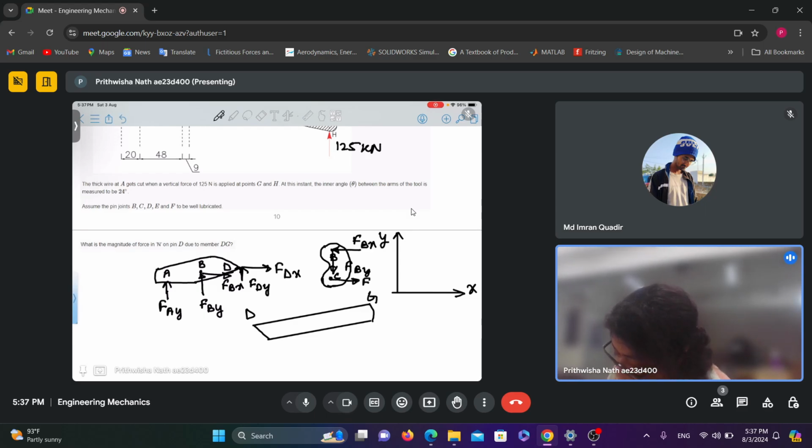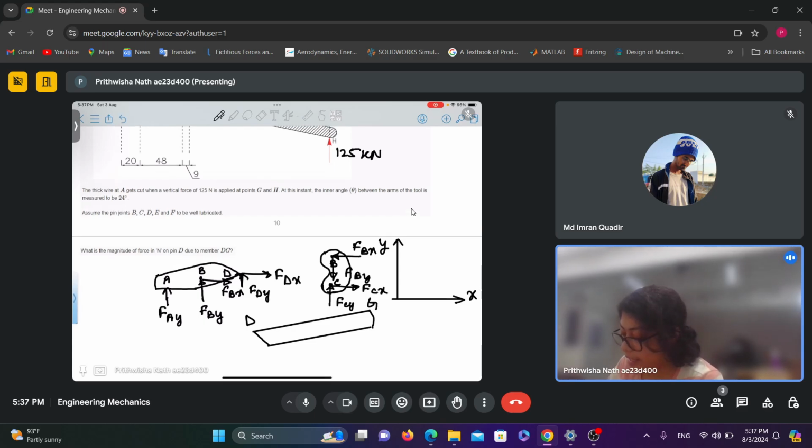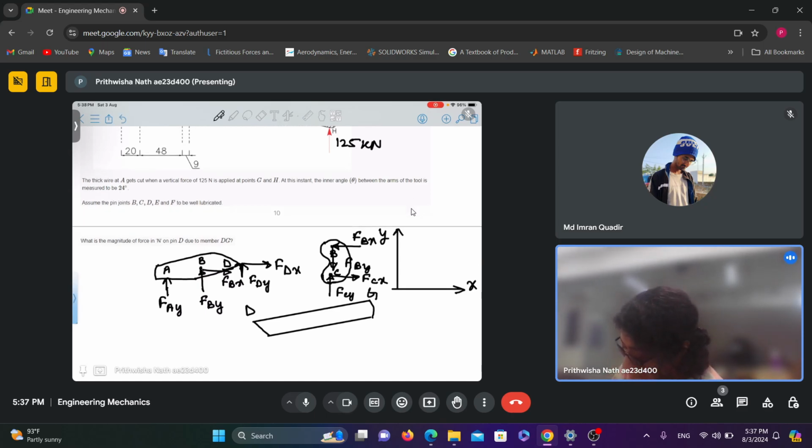This is FCX and this is FCY. And again, for the link ABD, I have considered the forces at point D to be in the positive direction. Similarly, I will consider it in the reverse direction at this point.